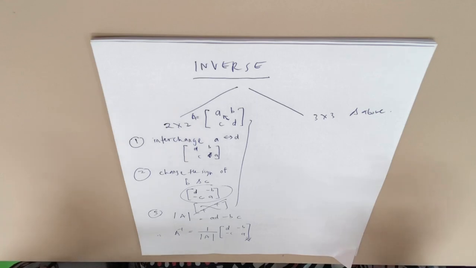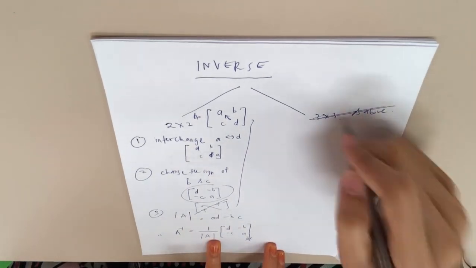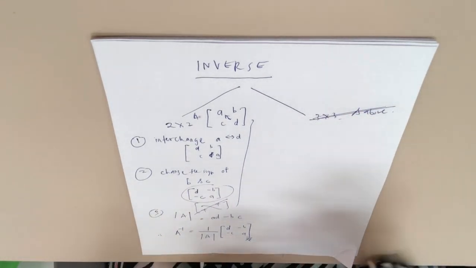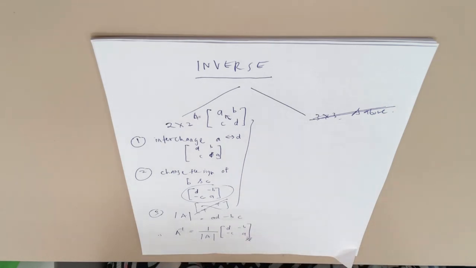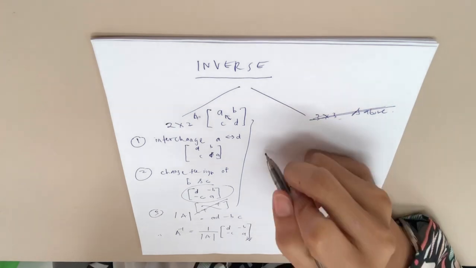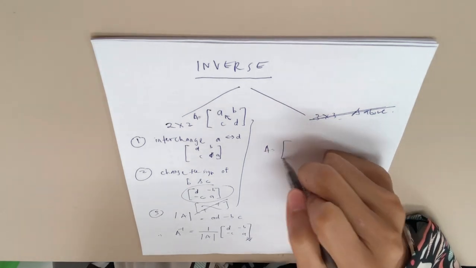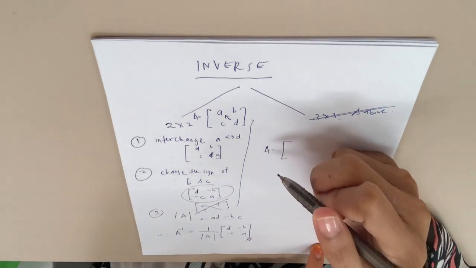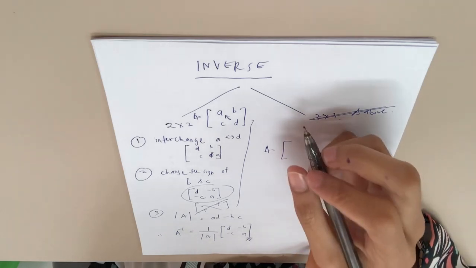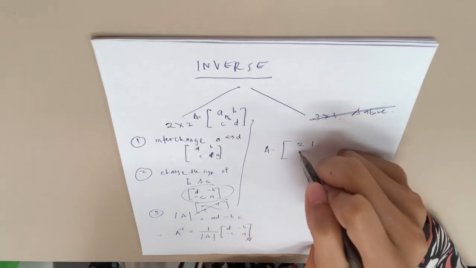If you can't see clearly, I will erase this and give you an example with numbers. For example, you have a matrix A equal to 2, 1, 3, 4.